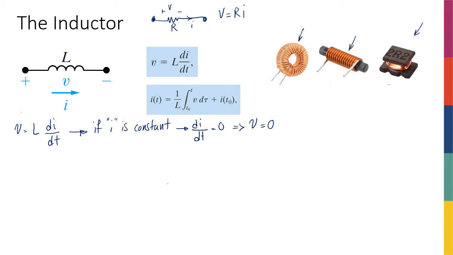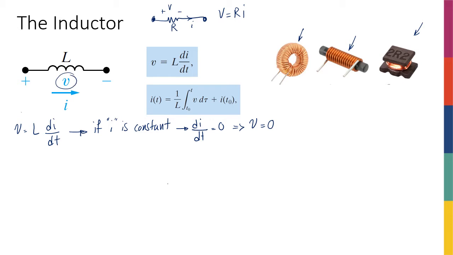When the current is changing, the changing current is going to build a magnetic field, and the magnetic field is going to induce a voltage across this coil. That voltage is basically what we have here, the voltage across the coil.